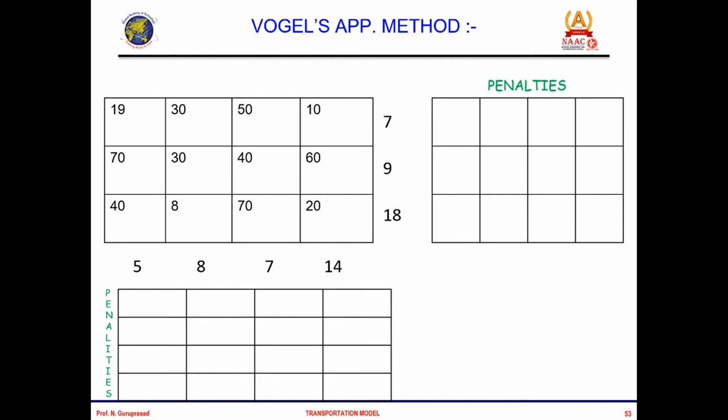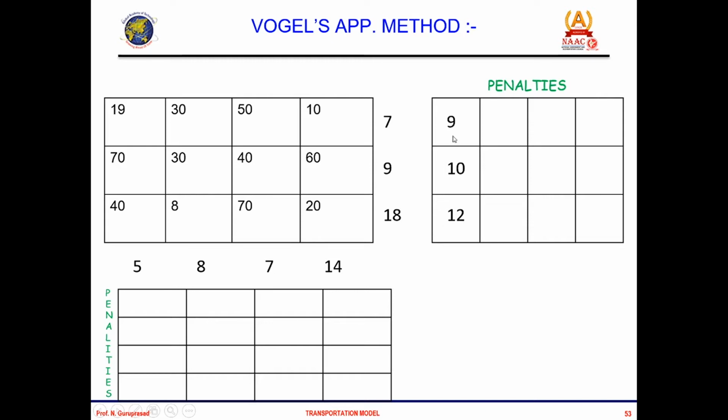So 9 is the penalty for the first row, which I will write on the right hand side. Similarly, when I go to the second row, the least is 30, the second least is 40, so the difference is 10. I write it against the second row. Third row, the least is 8, second least is 20, so the difference is 12. I am going to write it here.